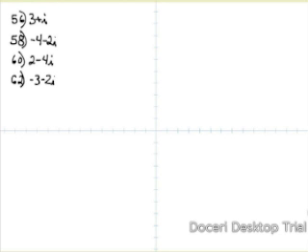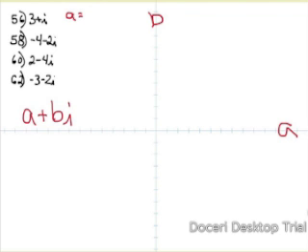When you are graphing imaginary numbers, it is no longer the x and y axis. Remember, this is now the A, and this is the B, because your complex numbers are in the form A plus Bi. So this first problem here, your A is 3, your B, the number in front of that i, is a 1.